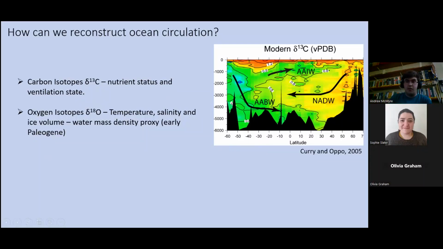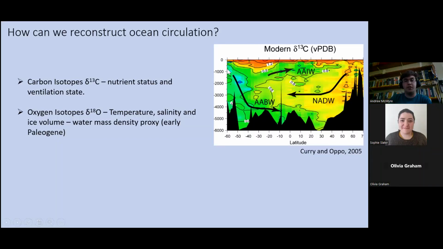And we see that the waters that form in the North Atlantic and flow down to depth tend to have really high values in delta 13C, because life in the upper ocean preferentially uses up the lighter isotope, enriching or increasing the delta 13C of the water, and as it overturns and descends into depths, it takes that signal with it.